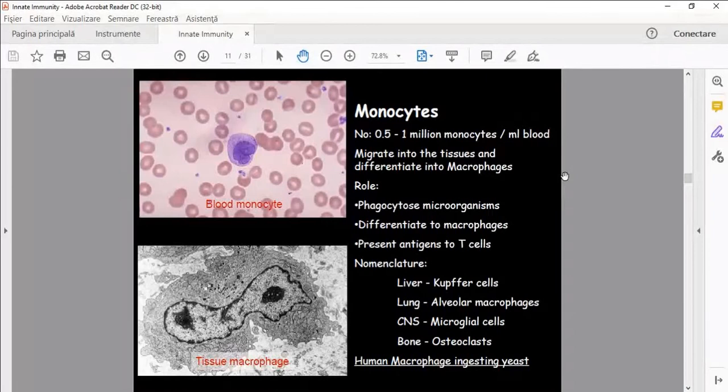Okay, but actually most of the molecules belonging to these PAMPs belong to some important functional structures of microbes.